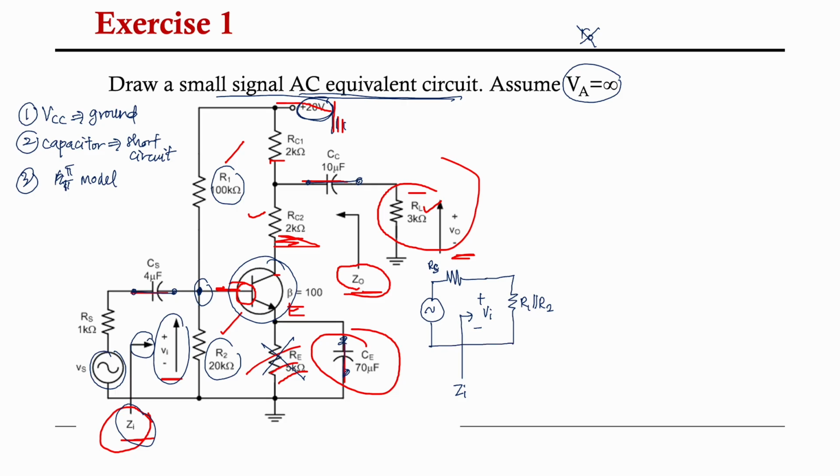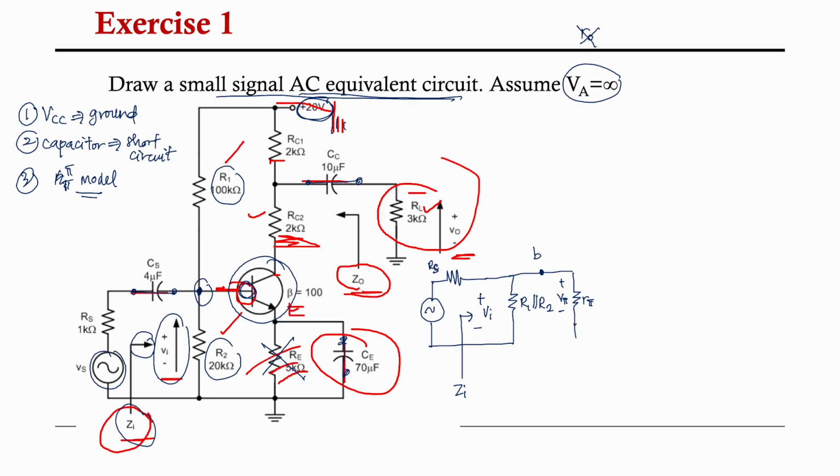Next, it will go to this base, so this will become our base. Usually at the base, we need to apply the hybrid pi model. So we're going to have R pi, and across R pi, we're going to have positive, negative, V pi.